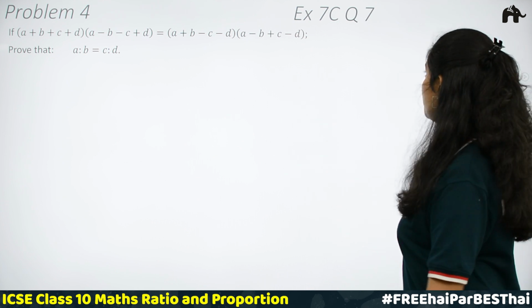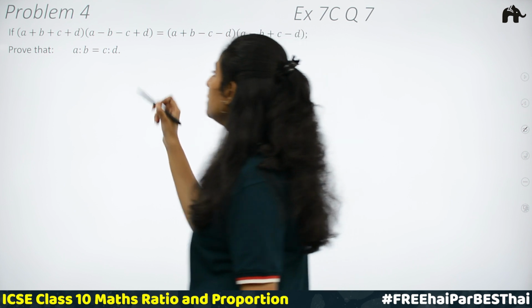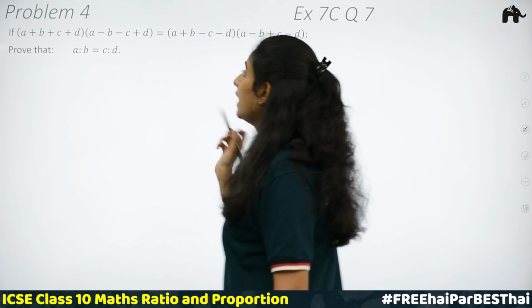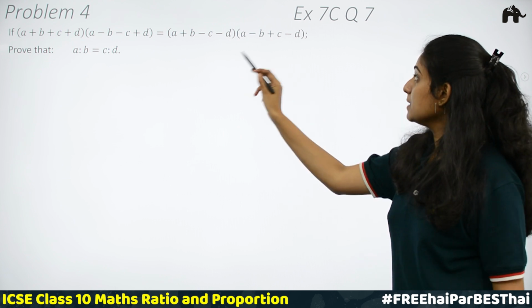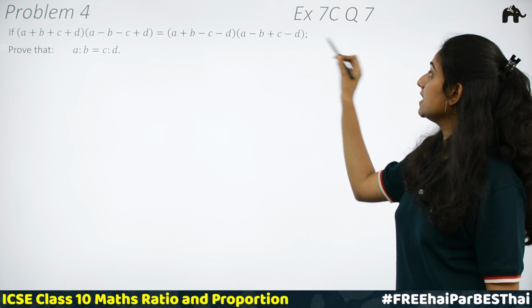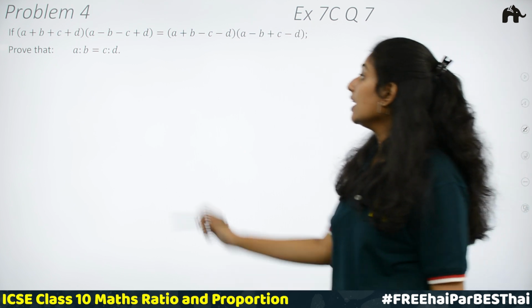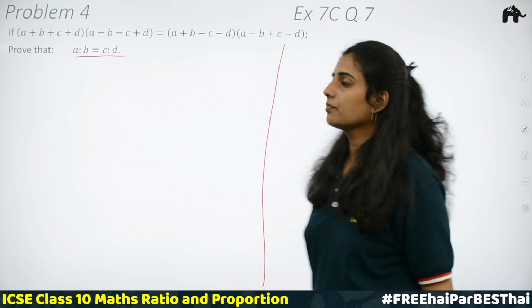Next, problem number 4, question 7 of exercise 7c. If a plus b plus c plus d into a minus b minus c plus d is equal to a plus b minus c minus d into a minus b plus c minus d, prove that a is to b is equal to c is to d. Okay.